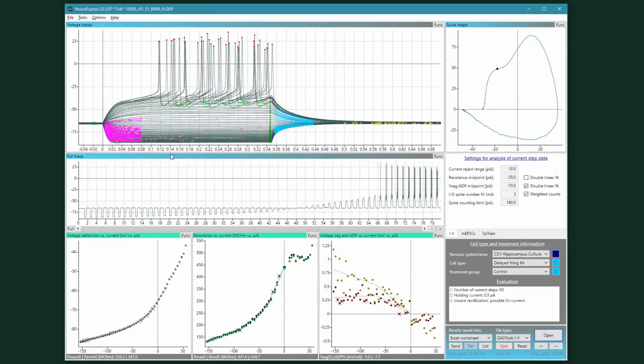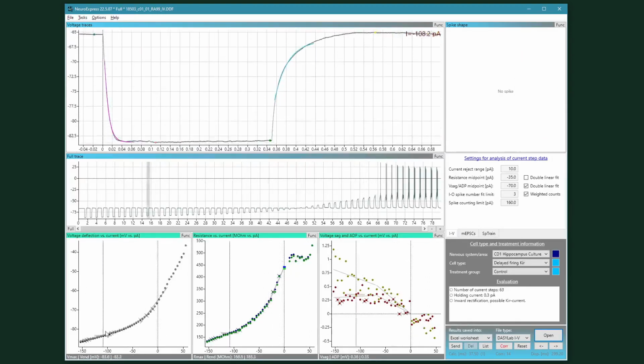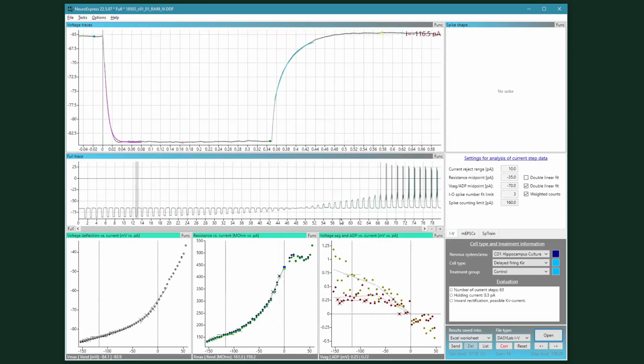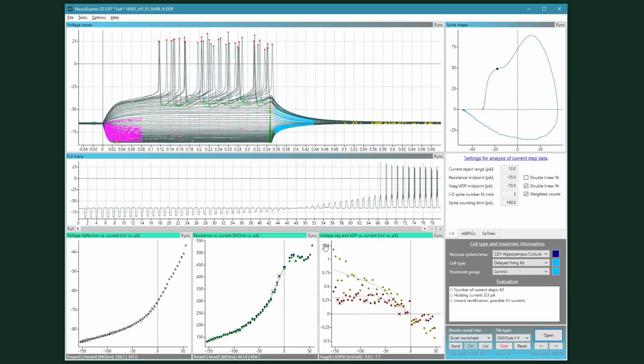Yes, so this is a synaptically isolated cell, and there are no EPSPs and IPSPs here, and the membrane potential as a function of current is very smooth. The resistance and even the voltage sag is very nice and smooth. So we want to do these manual corrections carefully, but if you get familiar with this technique, that can improve your analysis tremendously.